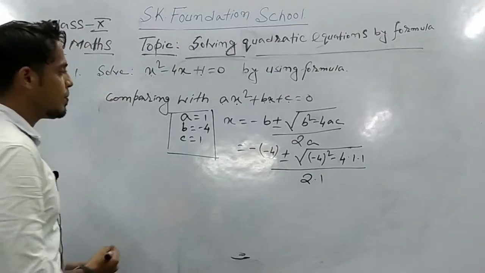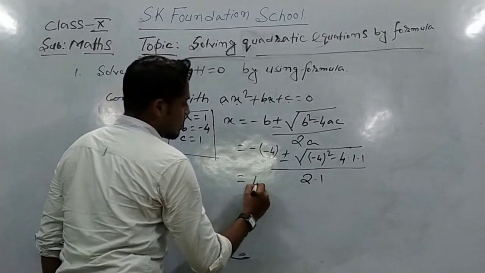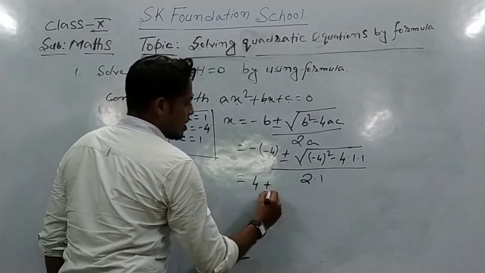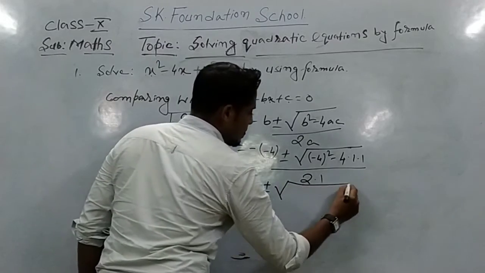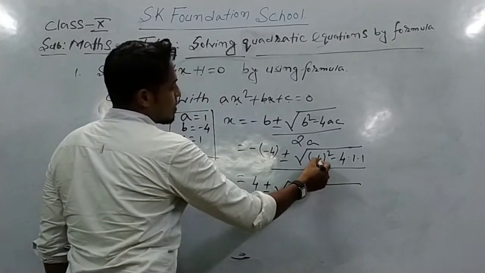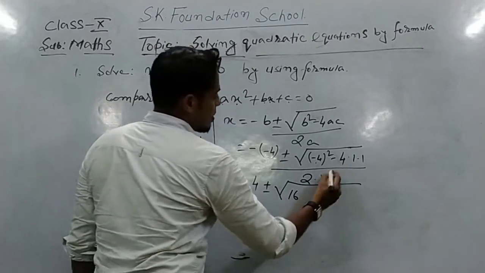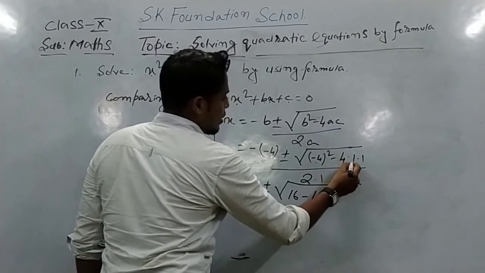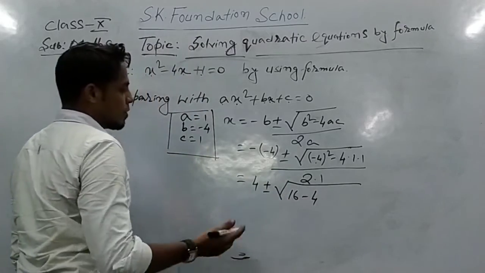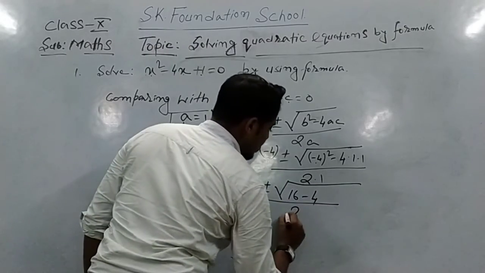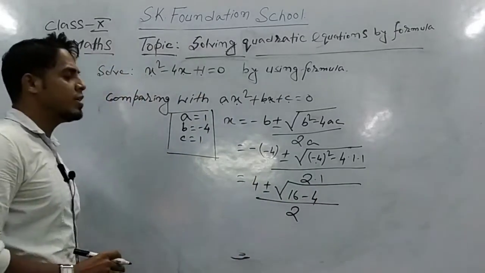So we get 4 plus minus root over 16 minus 4, and the denominator 2 into 1 is only 2.